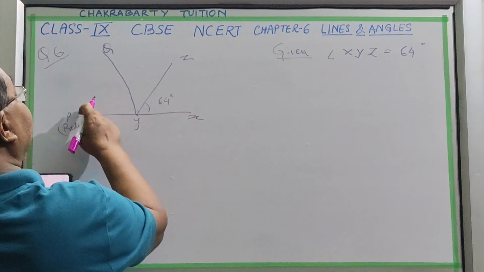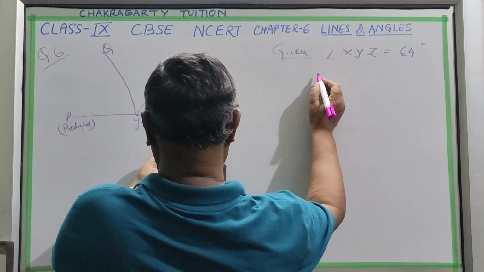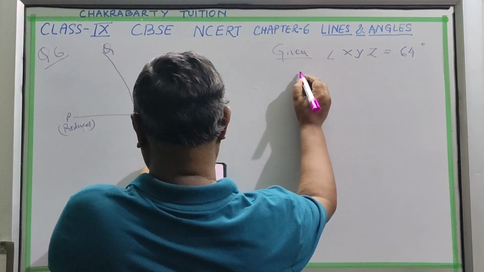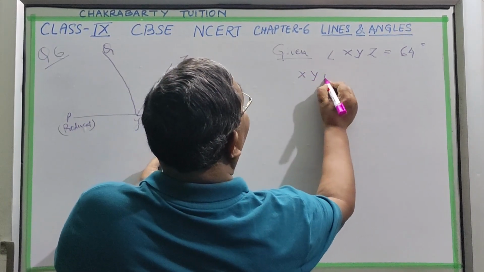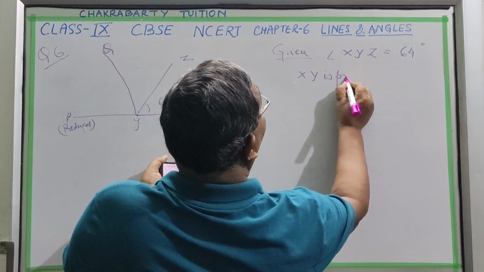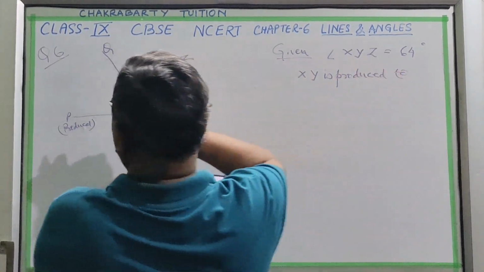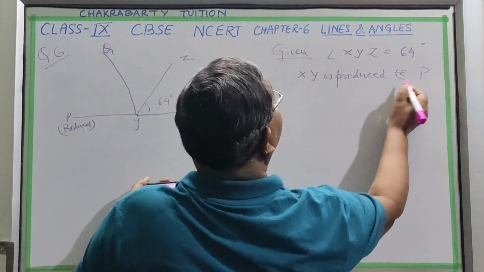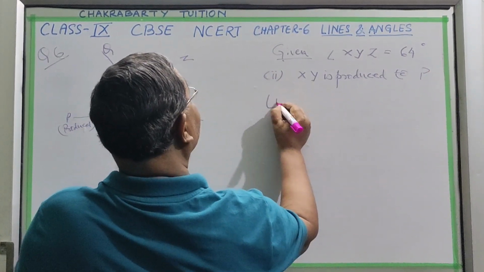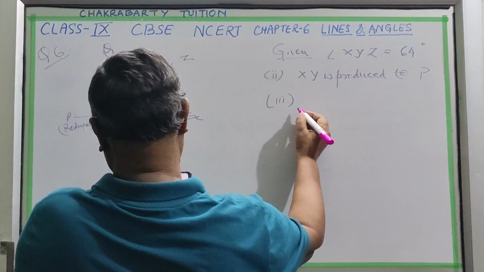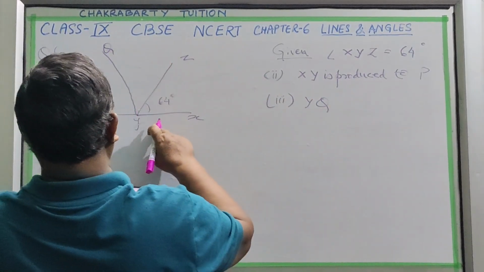The other thing given is XY is produced to P. This is your second point. The third point they have given is that YQ bisects.